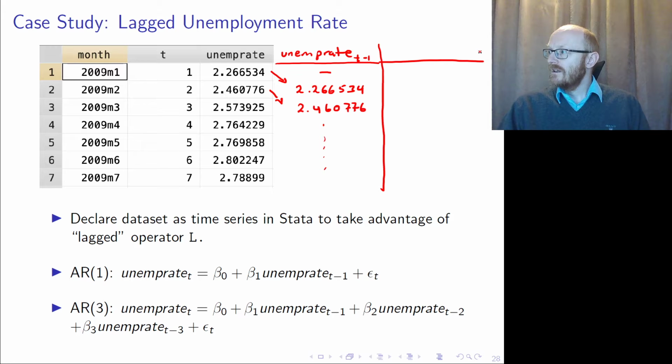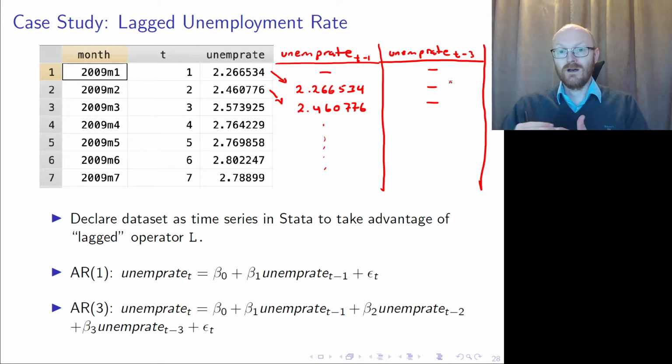But we can also make other lags. For example, the third lag. Then we have the unemployment rate for lag 3, and for the first one we get nothing, for the second one we get nothing, and for the third one we get nothing, because we are trying to lag three months back.